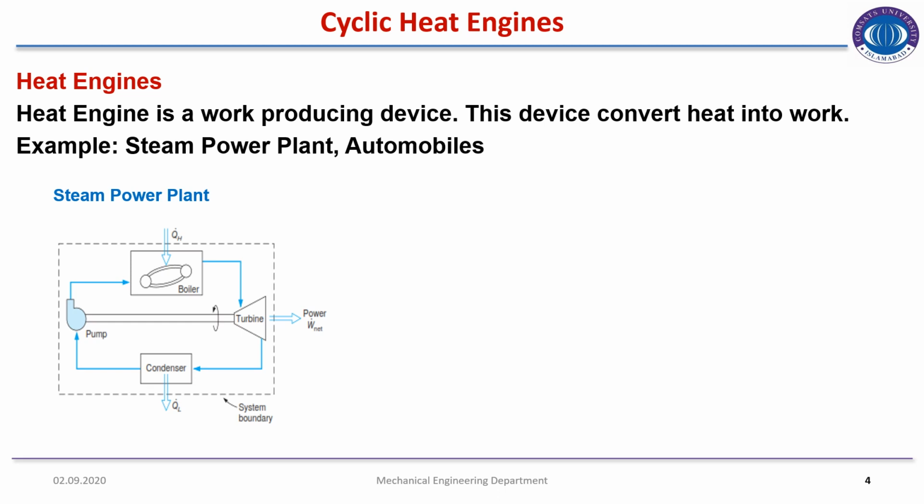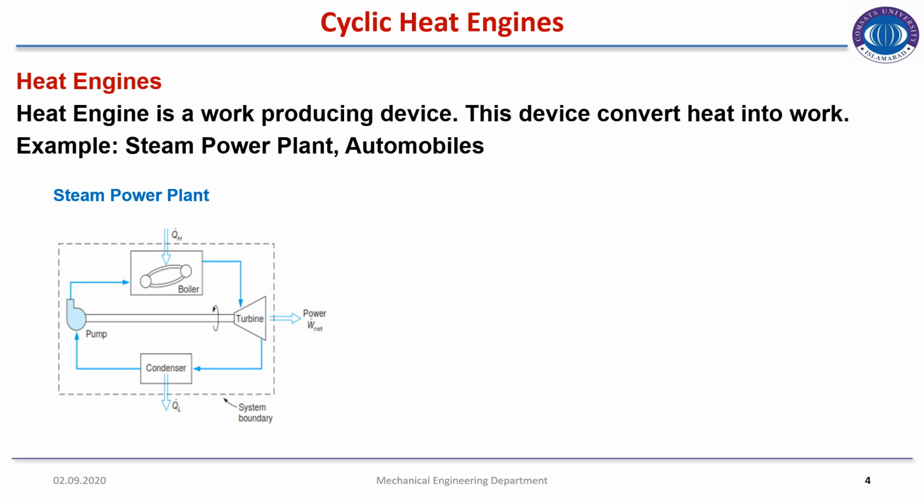So we have supplied heat to the water, and that thermal energy is converted into mechanical energy, and that mechanical energy will eventually be converted to electrical energy. So a steam power plant is an example of a heat engine.